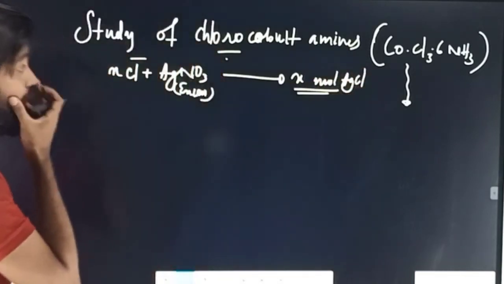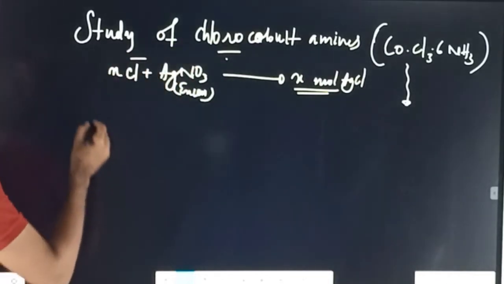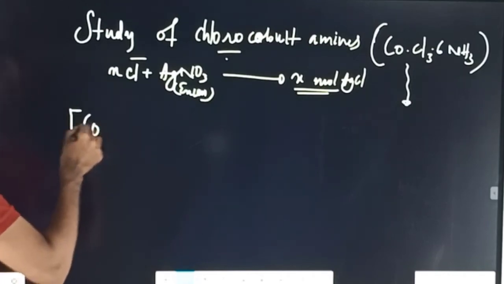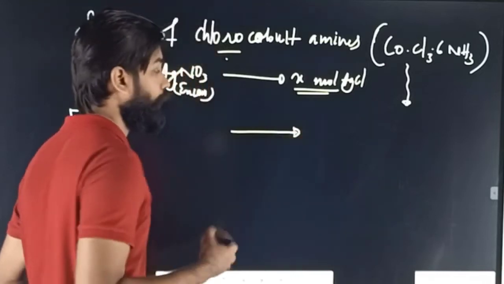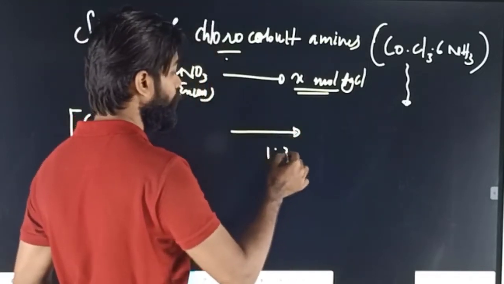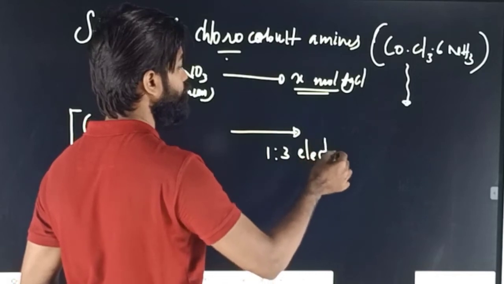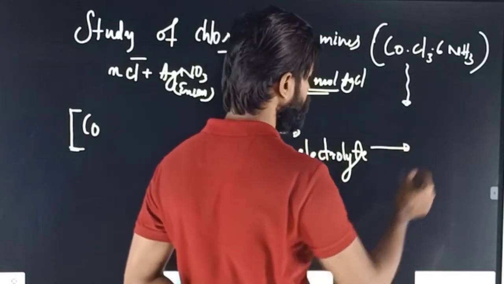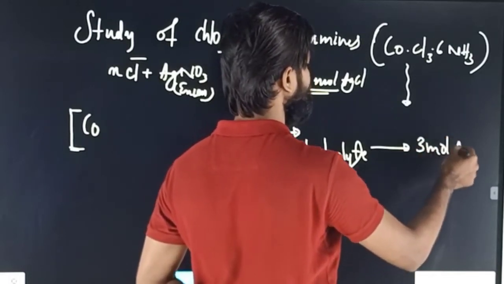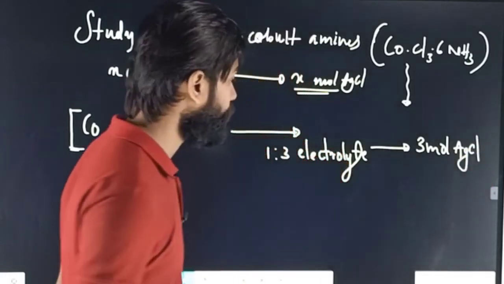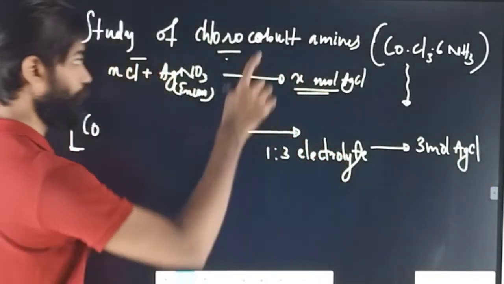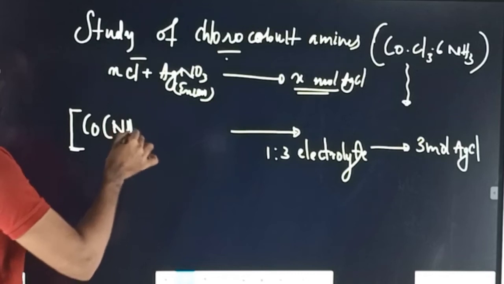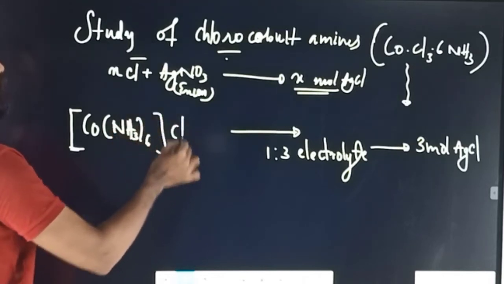And in the study of chlorocobaltamines, he found a molecule of the type 1:3 electrolyte, which can produce 3 mole AgCl when reacted with AgNO3, and he formulated that molecule as [Co(NH3)6]Cl3.